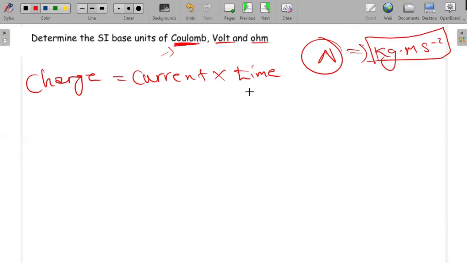So we're supposed to remember the unit of measurement for current, but also the unit of measurement for time. So if we multiply those two, what is the unit of measurement of current?